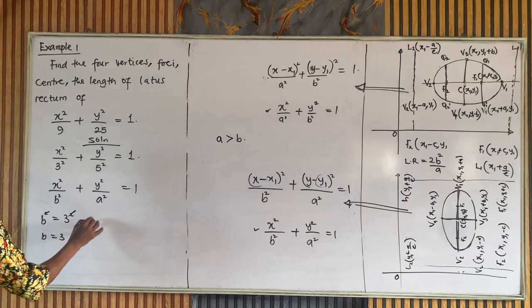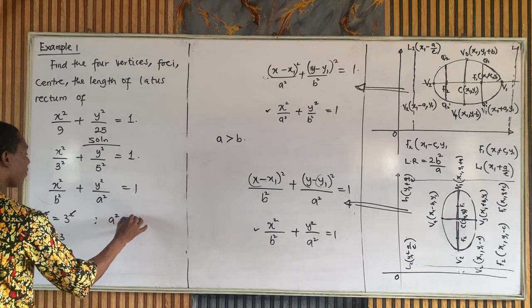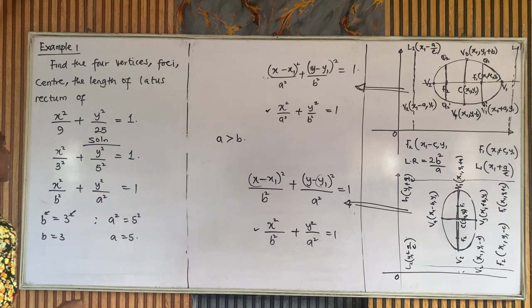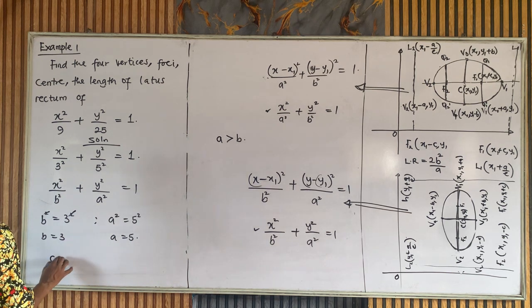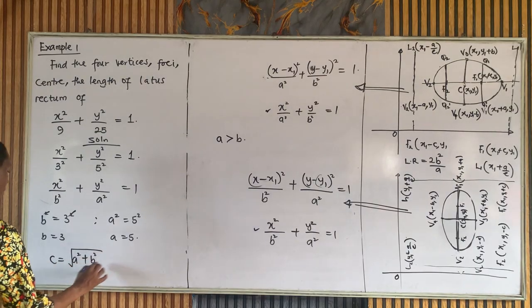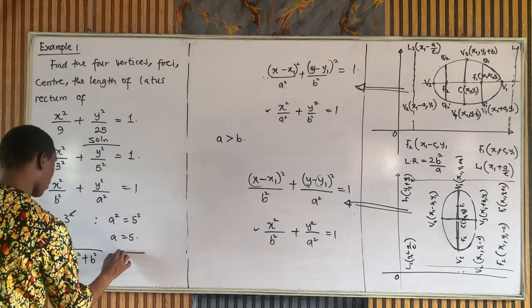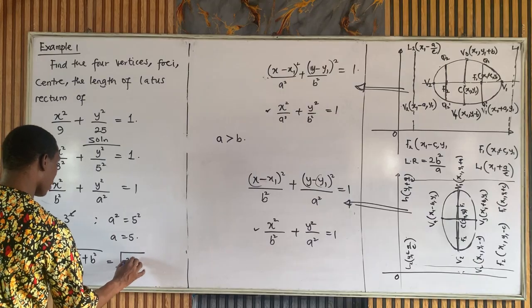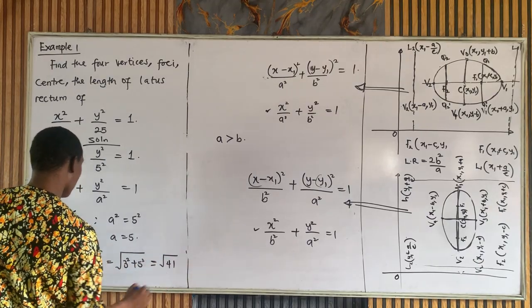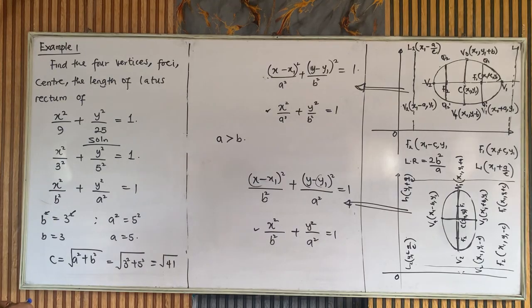And a squared is equal to 5 squared, hence a is 5. And then we can get our c. Remember, c is the square root of a squared minus b squared, and that will be the square root of 5 squared minus 3 squared, which is the square root of 16, which is 4. We've gotten our c. Now let's get what we have to get in this question.